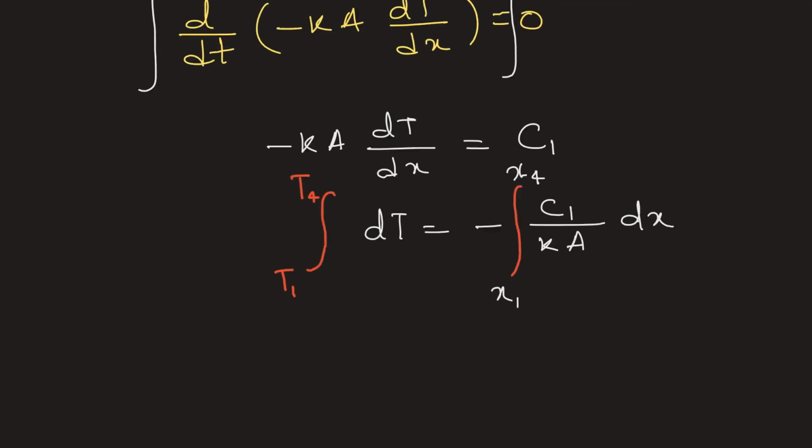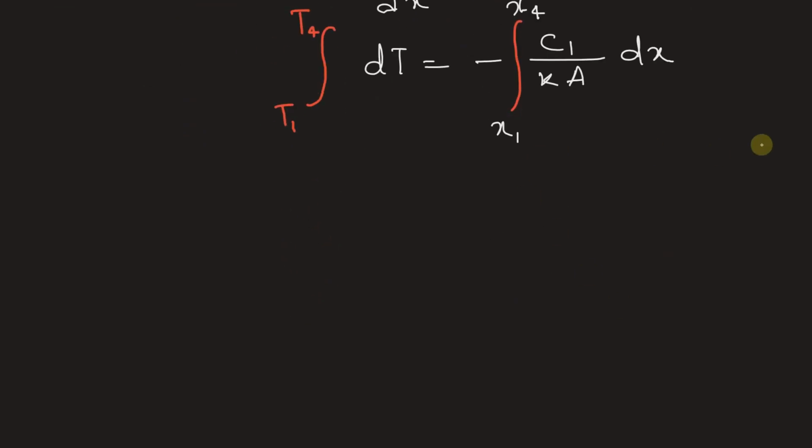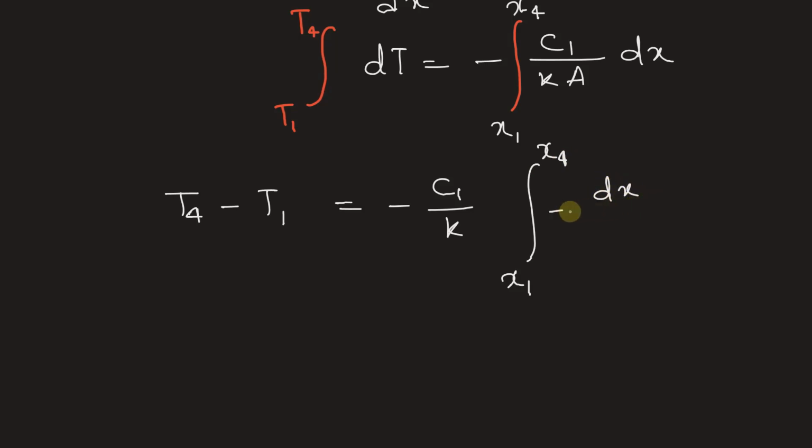Now if we integrate this equation with the given limits, the left-hand side will be T4 minus T1, which will be equal to negative C1, which is a constant, and k is also a constant, but area A varies linearly. So we can take C1 and k outside and integrate from x1 to x4 of dx upon the area, which is Cx plus B.